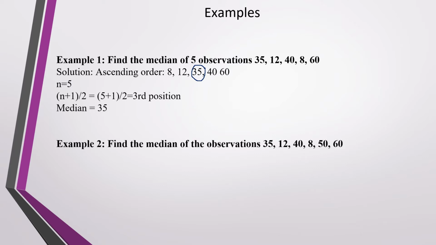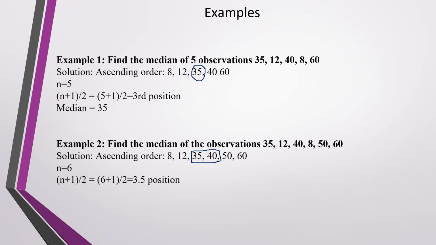What if we are having an even number of observations? Here, when you arrange it in ascending order, we can see that there are two middle numbers. So, to get the middle number, first we need to calculate (n plus 1) by 2, which gives the 3.5th position.